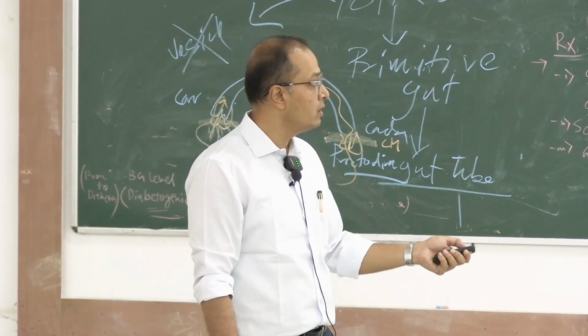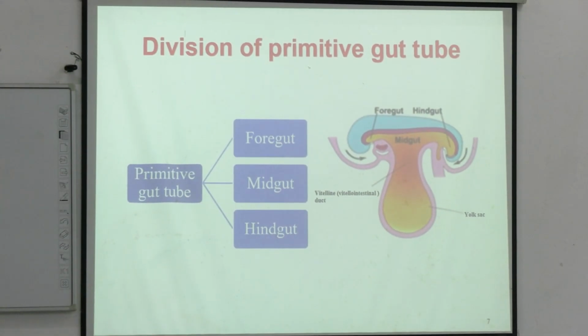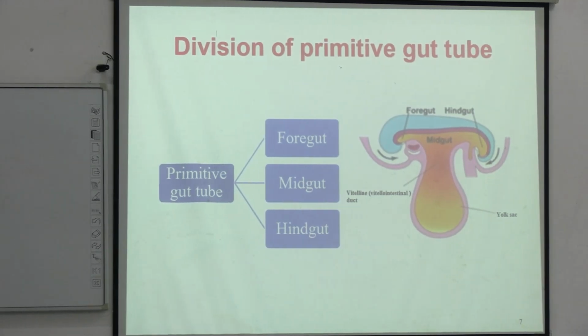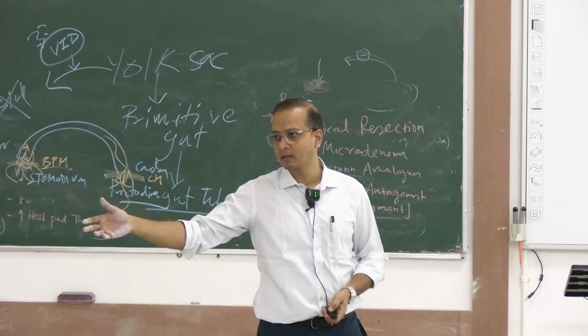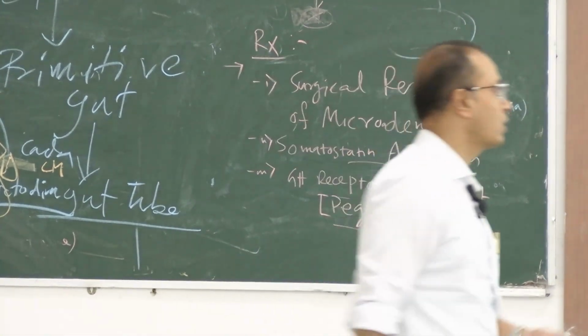Because of the folding happening cranially, caudally and laterally, this tube forms inside the developing embryo. We are going to talk about how the foregut tube transforms into which structures, what adult structures the midgut tube gives rise to, and likewise the hindgut tube.